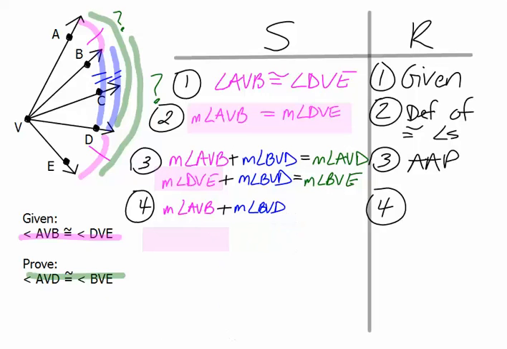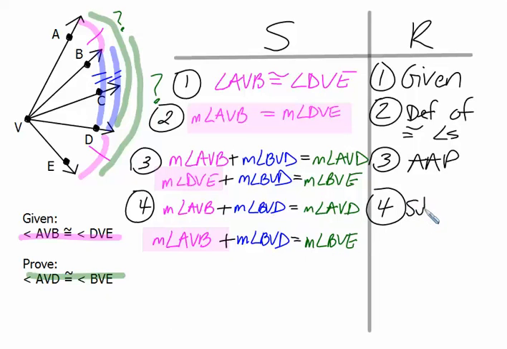I'm even going to leave my color coding alone. But now instead of DVE, we're going to replace it with AVB. Everything else remains unchanged. And that was substitution. We just substituted.